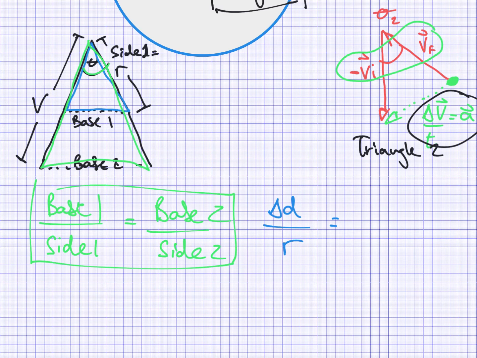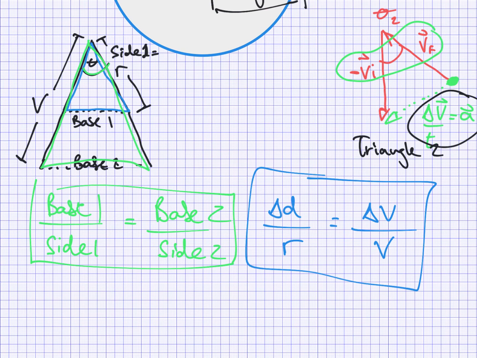Base 2, well, base 2, that's our delta V. Okay, so let's go ahead and put that in. So that's delta V. And side 2 is simply our sides here, which would be the speed, just on the magnitude, so just V. Okay, so now we're starting to have a little algebraic relationship that might be related to our equation. Let's keep going.